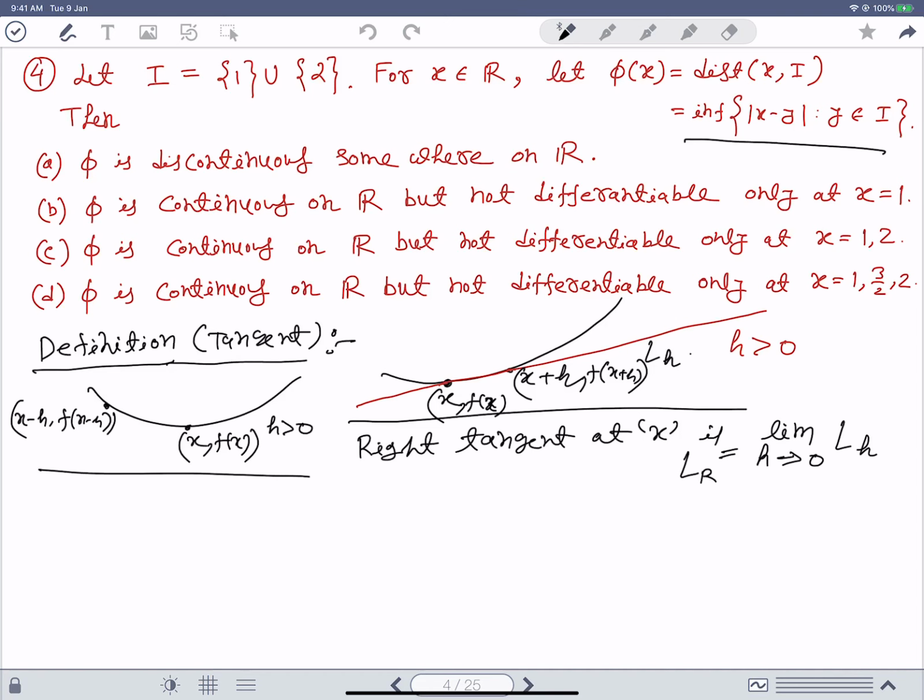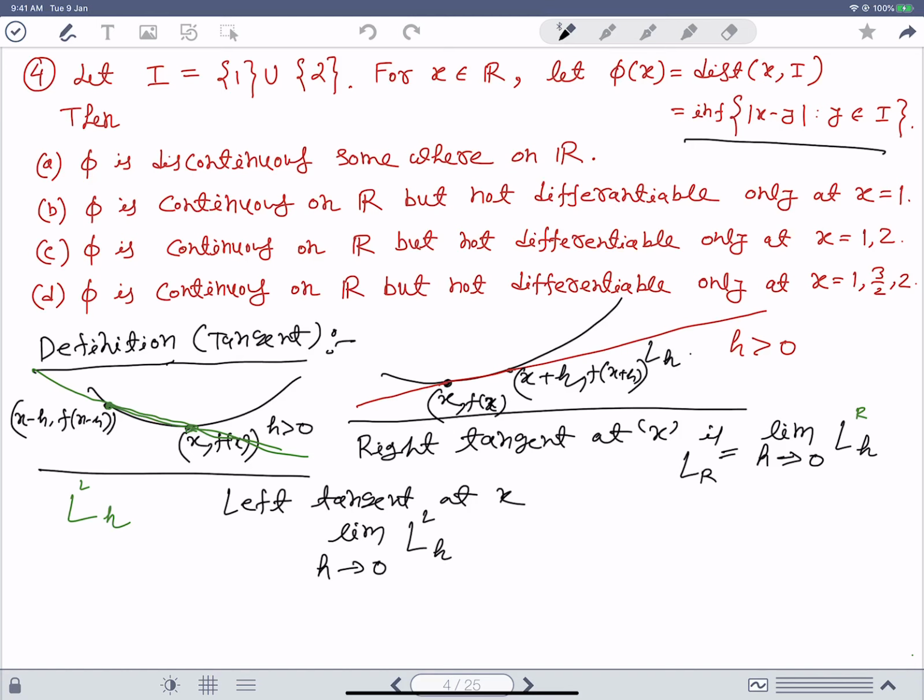Now join this line, and call it L_h, something like this. Then the left tangent at x will be the limit as h tends to 0 of L left h.